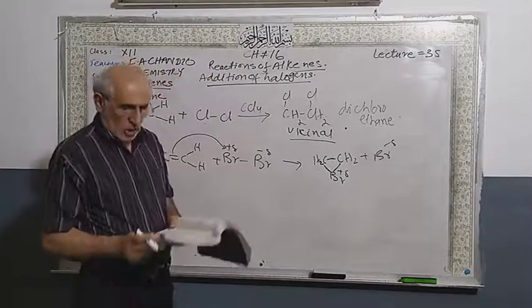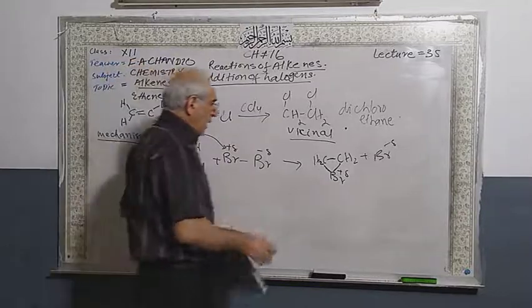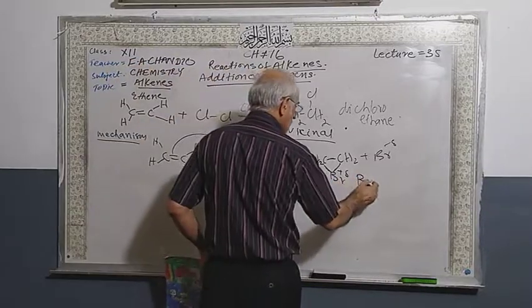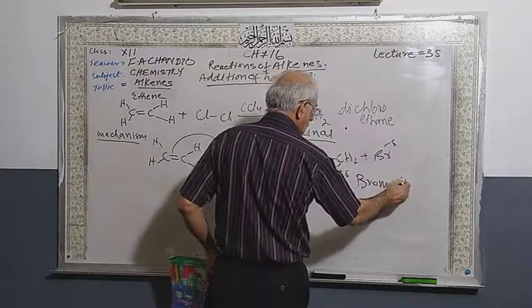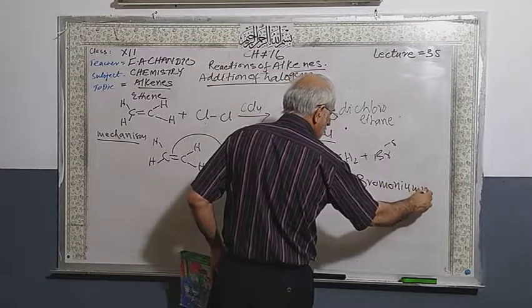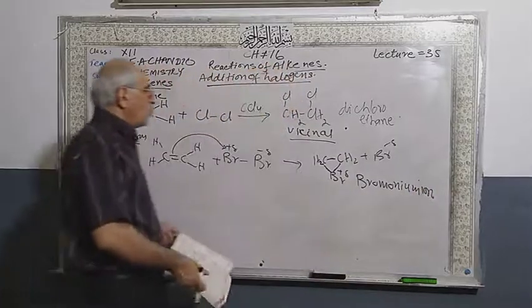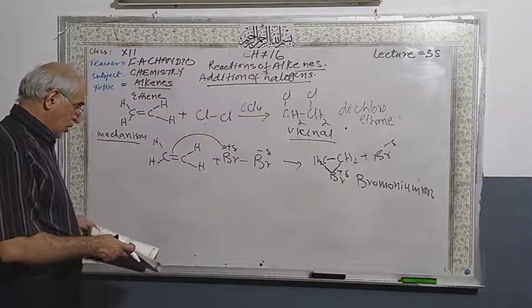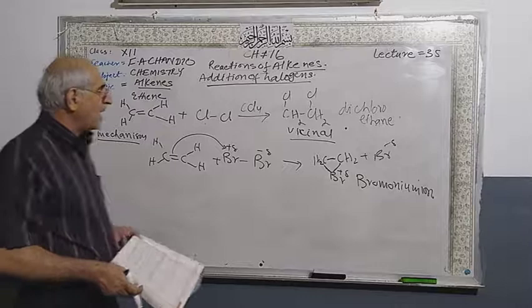So this ion is called a bromonium ion. The bromonium ion is formed, CH2CH2, and this is unstable.